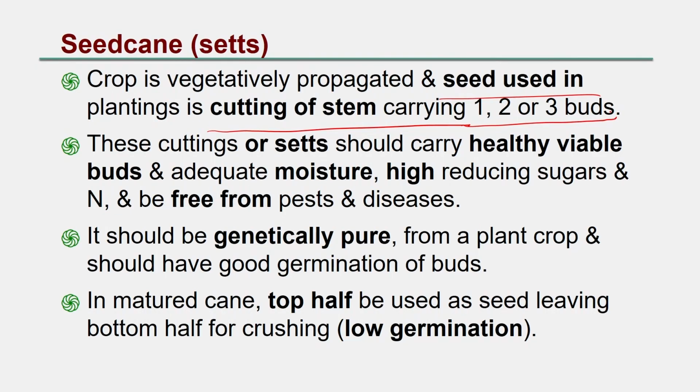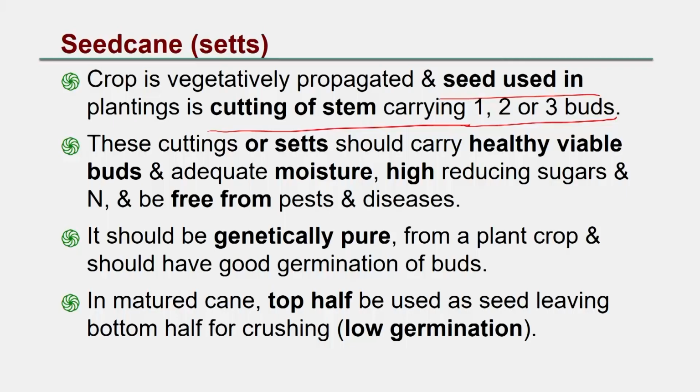So for commercial cultivation of sugarcane, the stem of the sugarcane is used, and you cut it into different pieces, each having 1, 2 or 3 buds, and then these sets are planted. True seed or real seed is not used for commercial multiplication of sugarcane. Therefore, it is multiplied by vegetative methods.